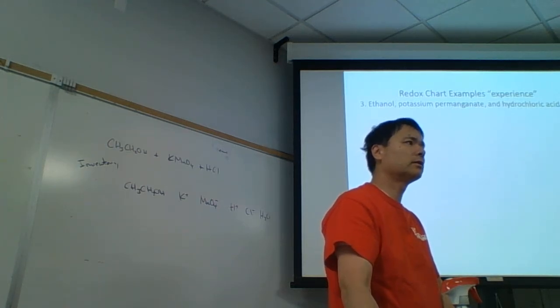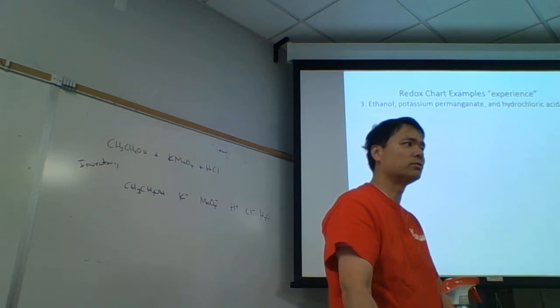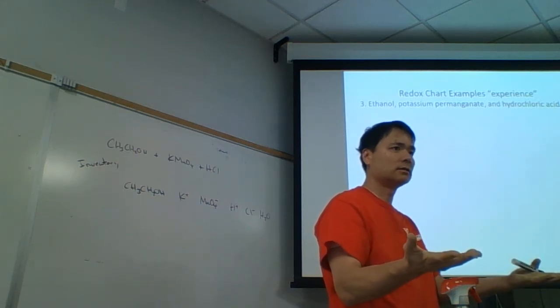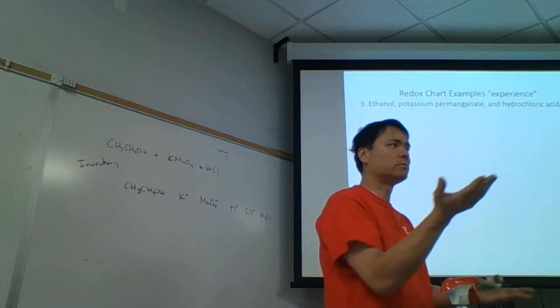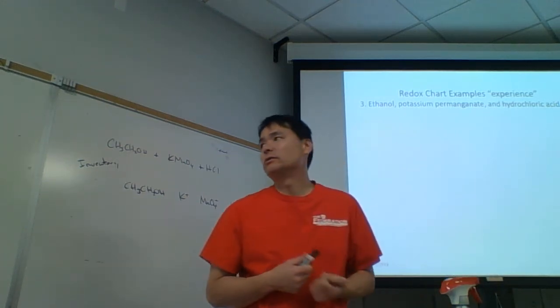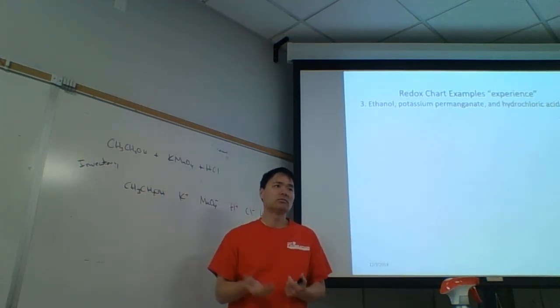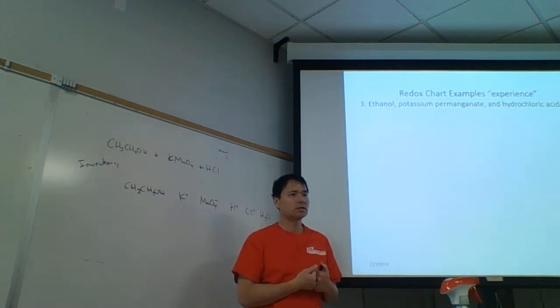In a combustion reaction, it's ethanol plus oxygen forms CO2 and water, which are the products. So ethanol's acting as a reducing agent, and it's a good reducing agent, and oxygen's acting as the oxidizing agent.